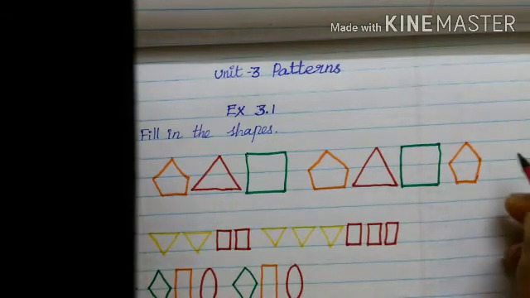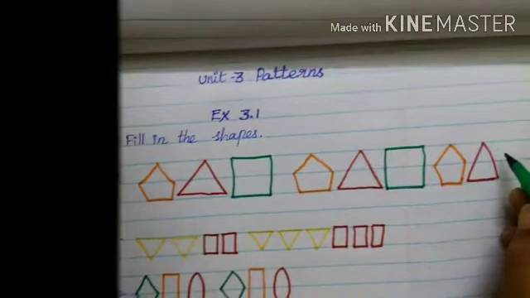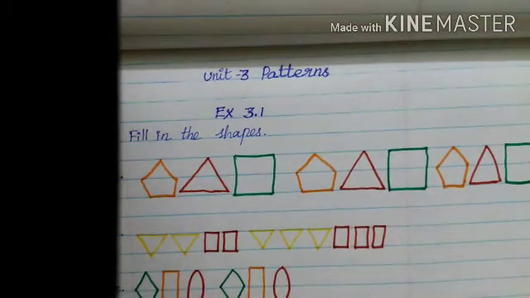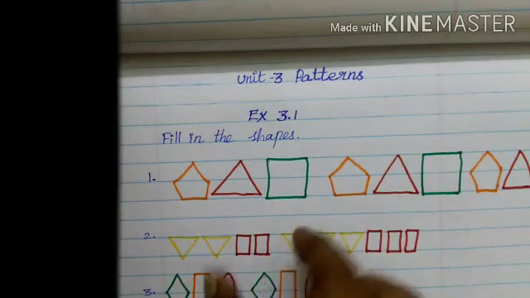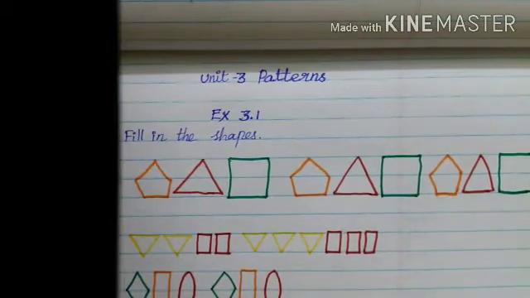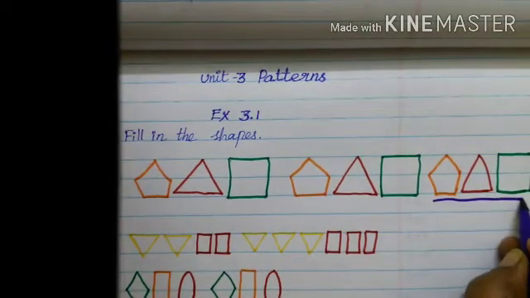The next one, triangle, square. Yes, fill in the shapes. First set, second set, and you draw the third one finally. So this is the answer. You find out the next one.